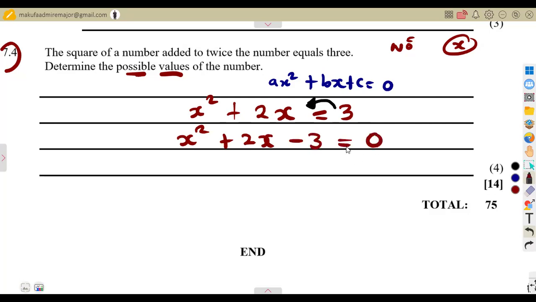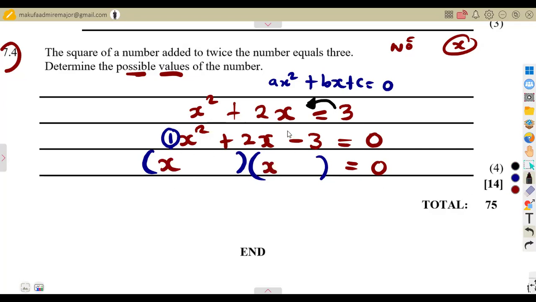It will be a negative. So that you can properly factorize this. Remember your factorization method. Having two brackets, this is equal to 0. This is 1, so meaning to say we are going to have x and x. x times x to give us a 1.